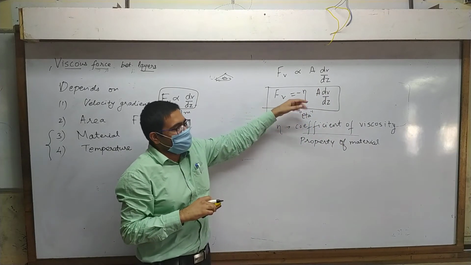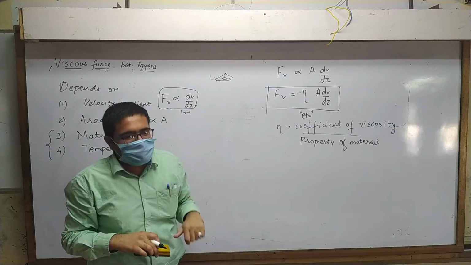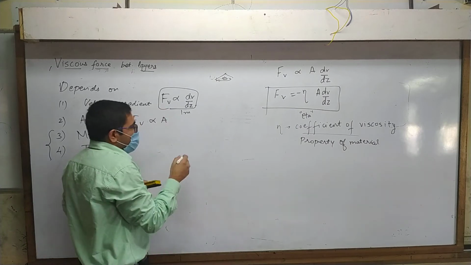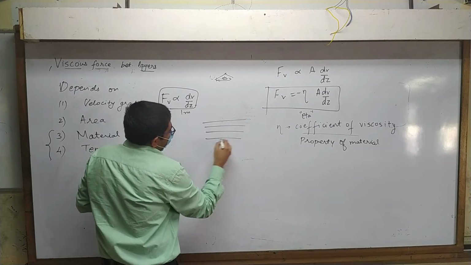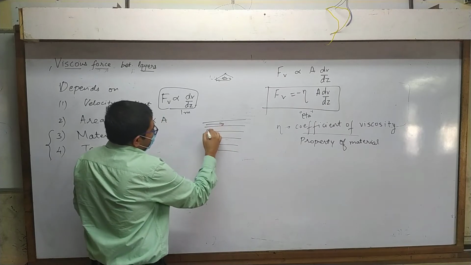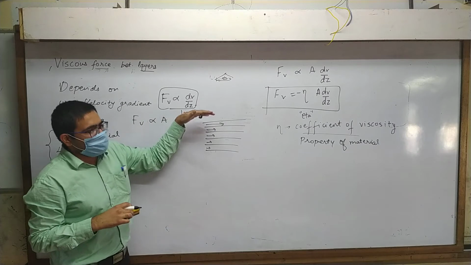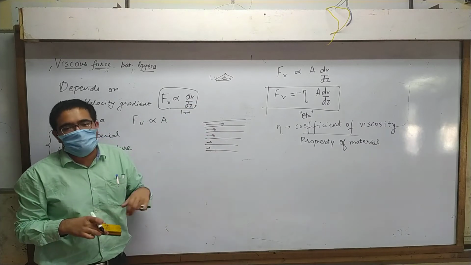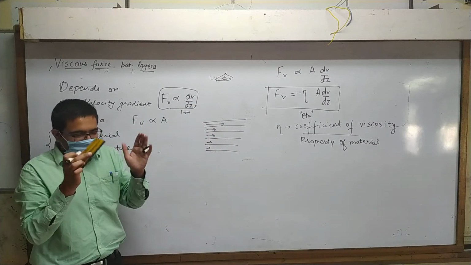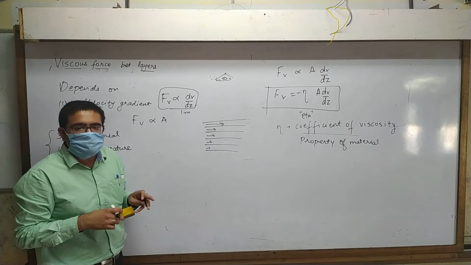You can also write delta V, delta Z, no problem. Now why that minus? The reason is very simple. If you think of fluid flow, let's say like water flowing in a river, generally the uppermost layer is fastest and the lowermost is slower, or where it comes in contact with the pipe, it is slower.